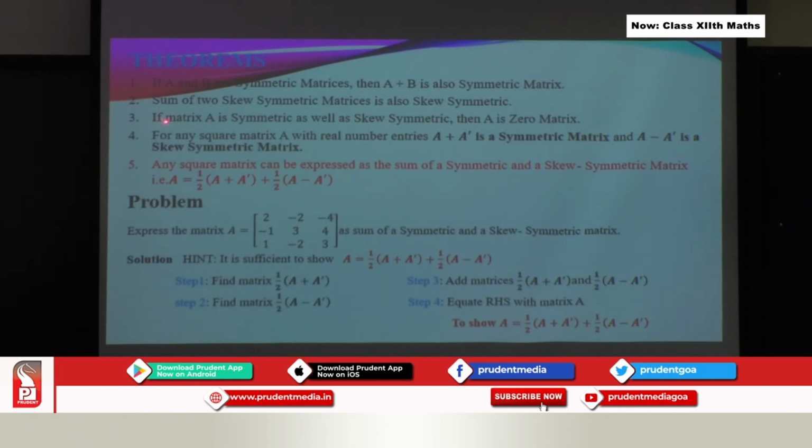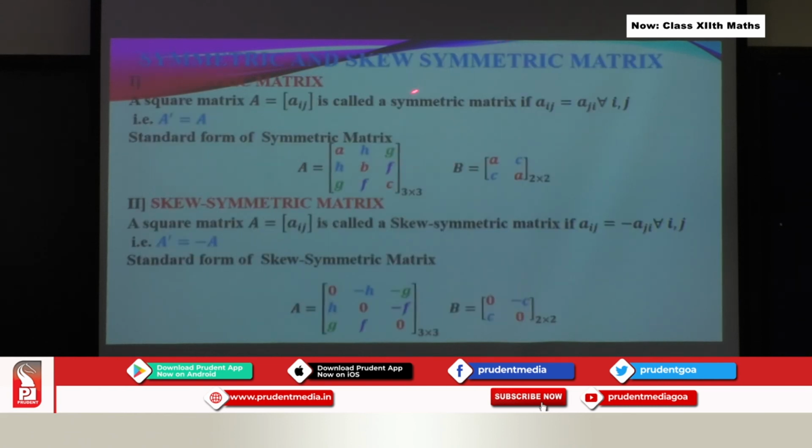Third one, if matrix A is symmetric as well as skew symmetric, then A is the 0 matrix. So again this is very important. If the given matrix satisfies both these patterns, then I would say the given matrix is the 0 matrix.